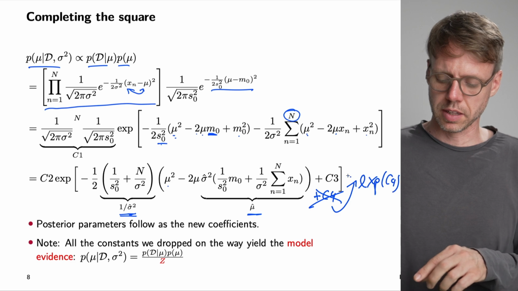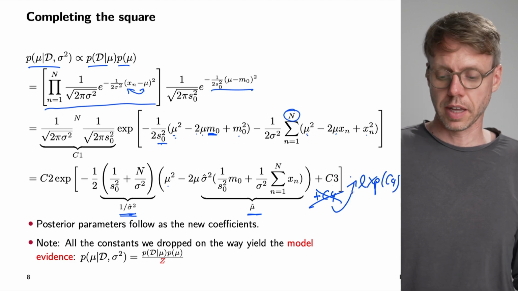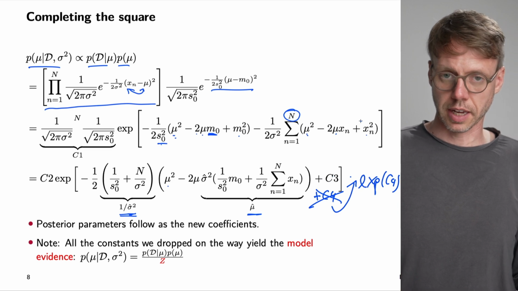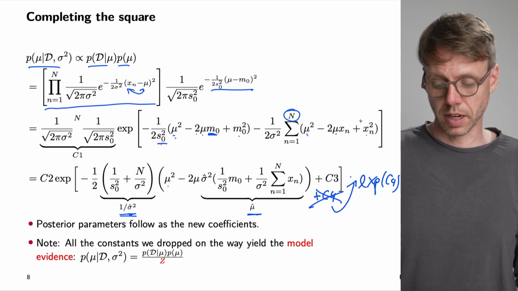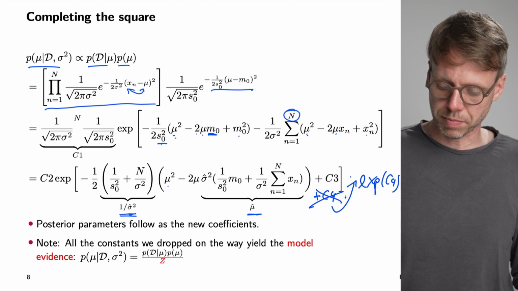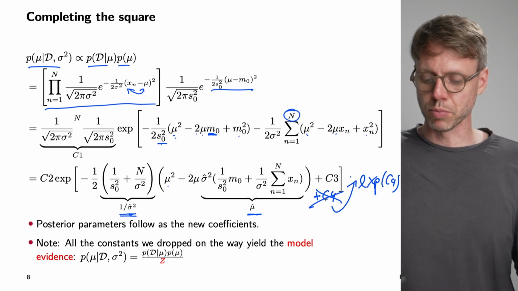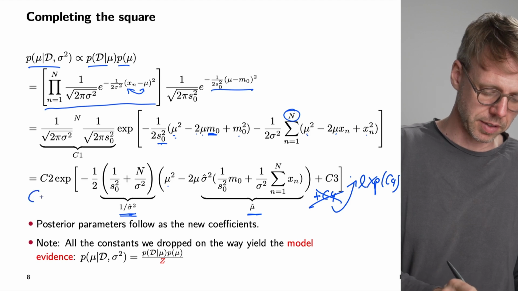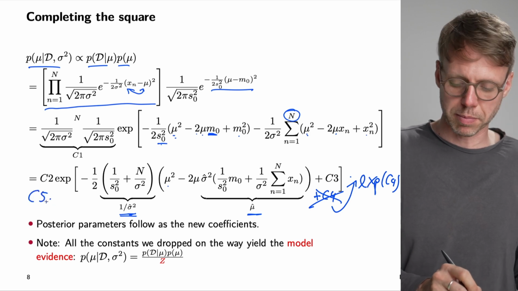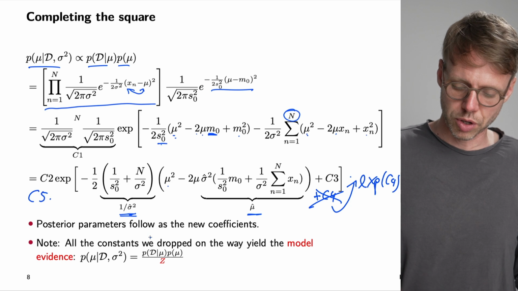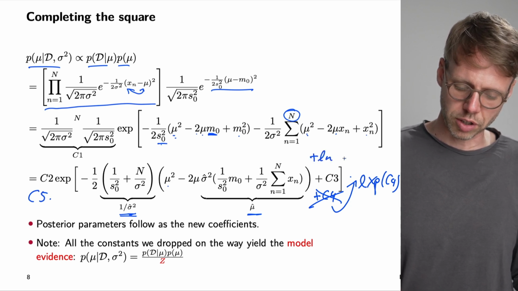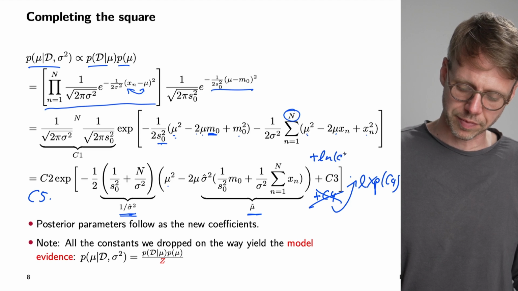And that allows us to completely ignore all the terms here that do not depend on mu, because we can arbitrarily move something in. So we could also say we had some C5 here that is multiplicative. We could also move it in by saying it's plus log of C5.